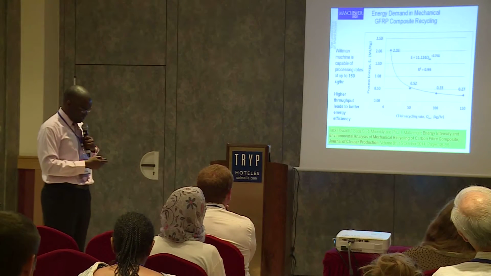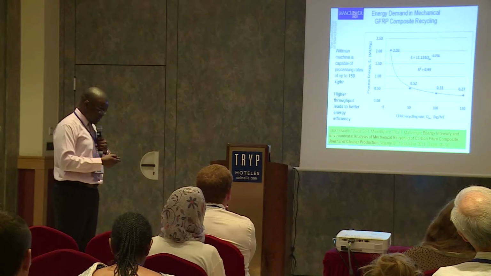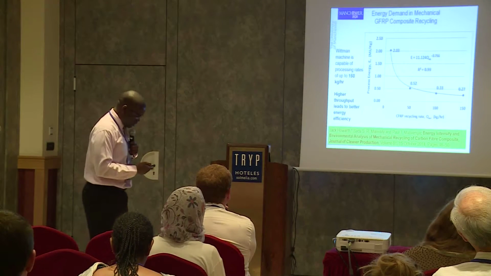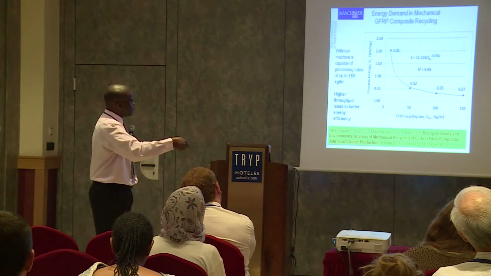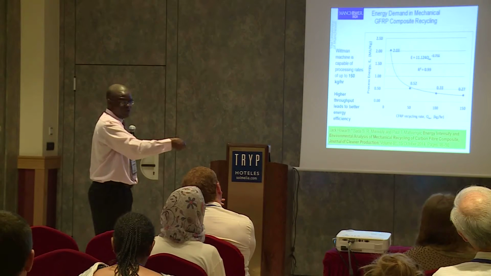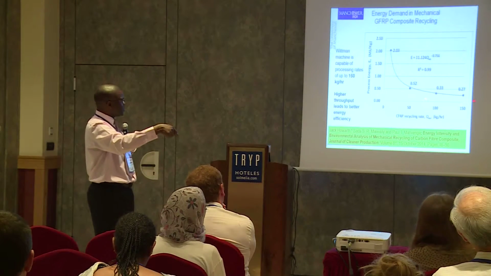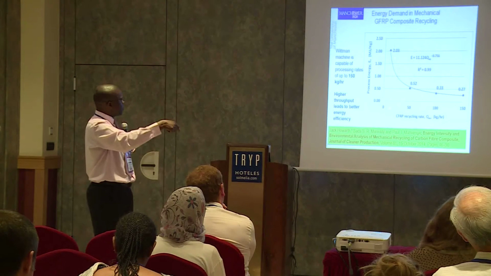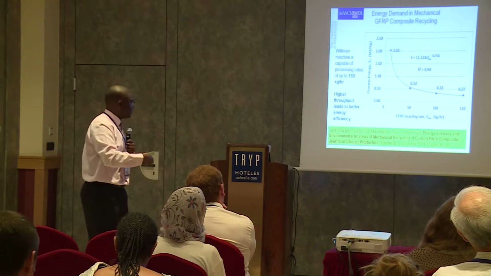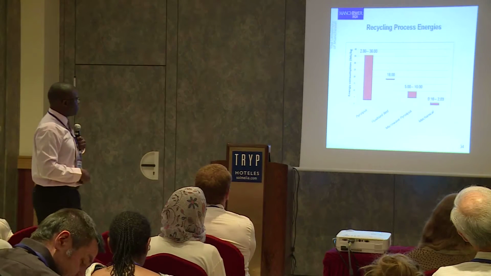So what is really interesting here is that in terms of the life cycle impact or the energy intensity of your process, the faster your recycling process is, the more energy efficient it becomes. So if you've got an industrial process, it will probably be running here, but if you've got a small process here, it will be quite energy intensive. So we're trying to see here and compare the different processes.